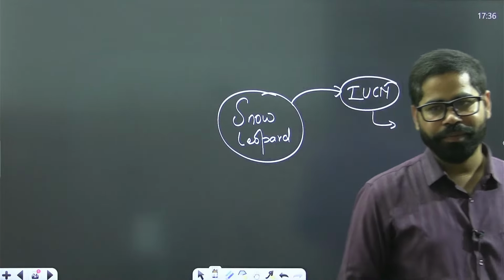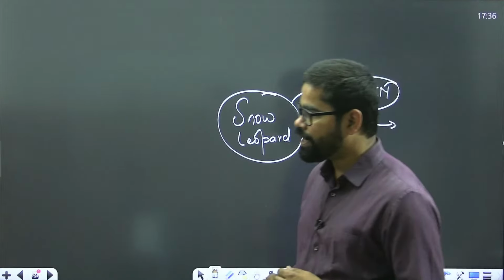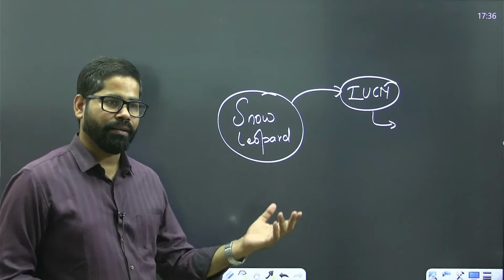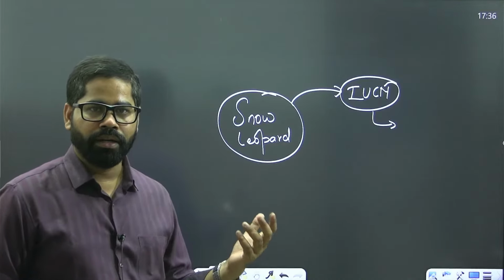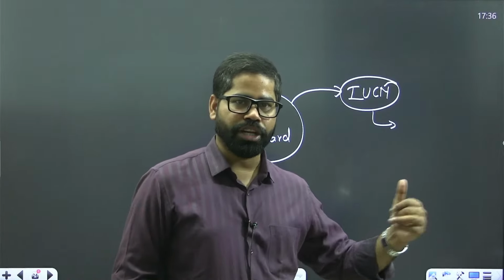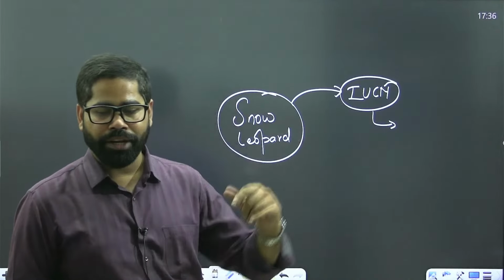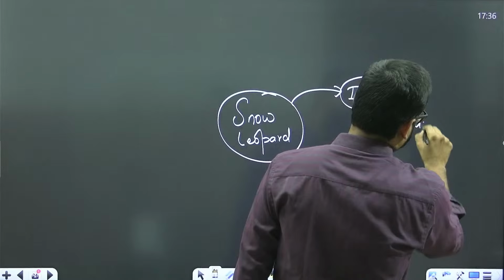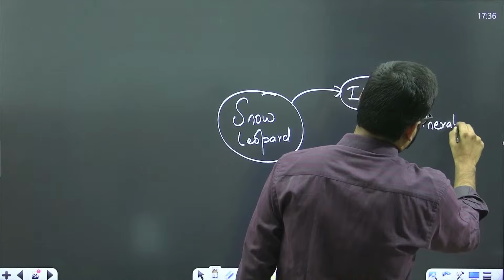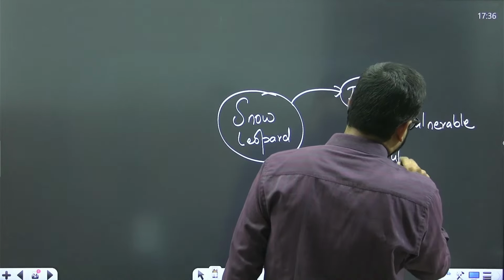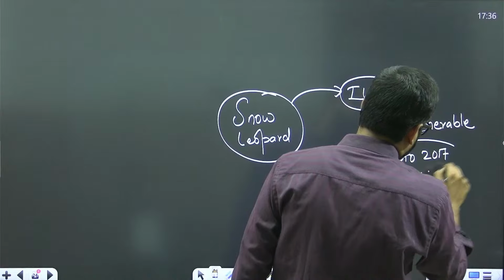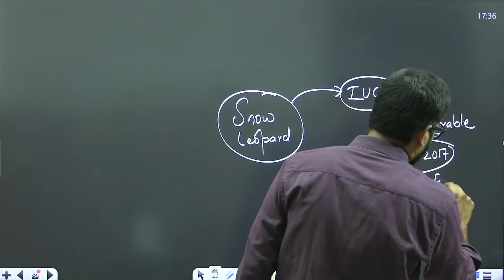Or what? There are 718 individuals in India, but there are a much higher number of snow leopards in China and other countries. So here you will find that it is vulnerable. Up to 2017, it was classified as endangered.